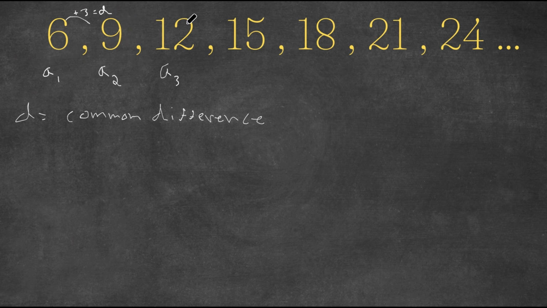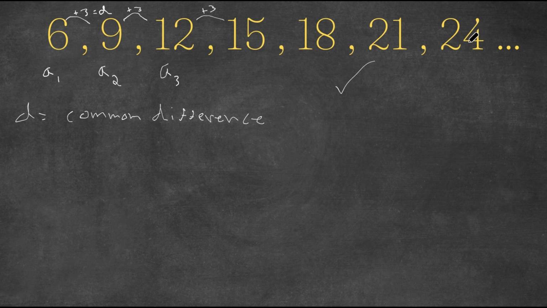And to get to 12 from 9, well, we have to do the same thing, right? We have to add 3. And same for 12 to 15, 15 to 18, 18 to 21, and 21 to 24. And because all these common differences are the same, we know that this in fact is an arithmetic sequence.